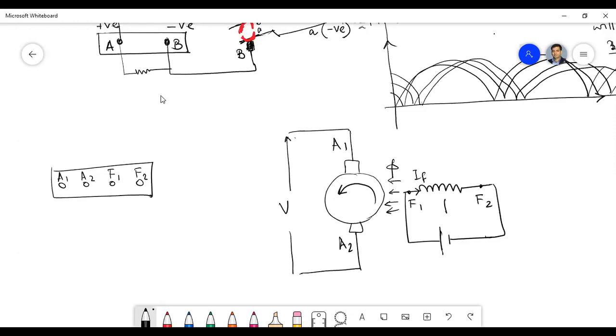If you use an electromagnet, then you have to use some coil. Without a coil, how can you generate the magnetic field from a ferromagnetic material?